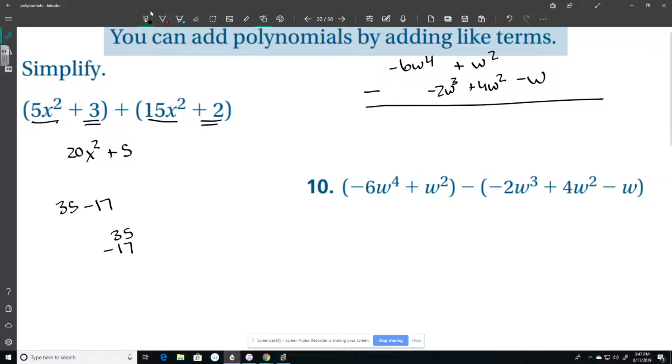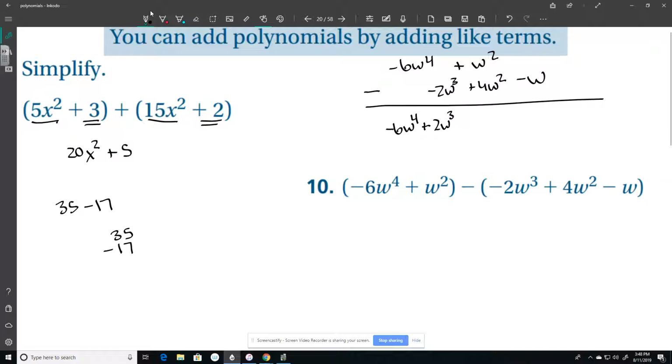So negative 6w to the 4th, you just subtract up and down. Minus nothing is here, so I just get negative 6w to the 4th. Nothing minus a negative 2w cubed is a positive 2w cubed.